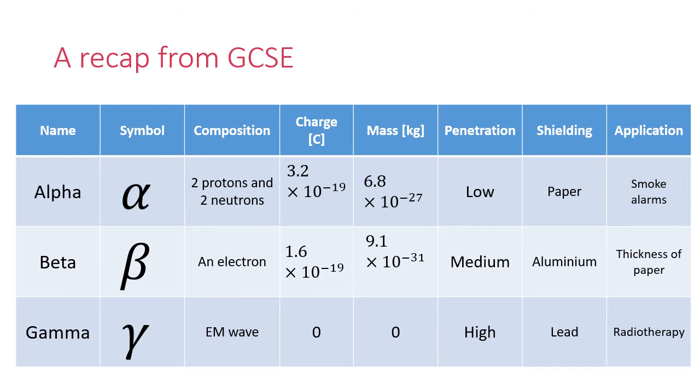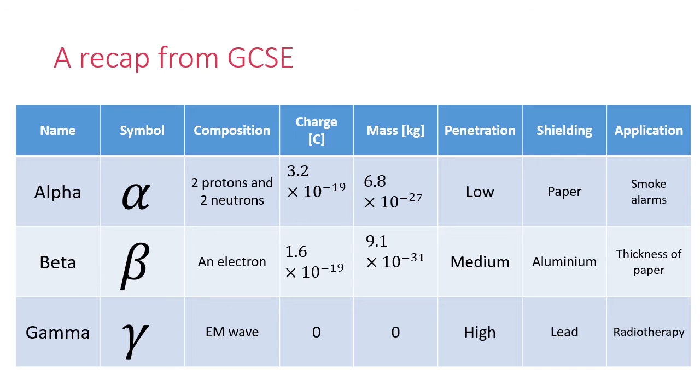Again with beta, a single thick sheet of aluminium foil probably didn't make much of a difference in terms of the thickness. Gamma as well needed quite a lot of lead to stop it. Actually, now that we're in A-level, we can maybe understand that the thickness of the paper or aluminium or lead determines the amount of radiation that's been stopped.